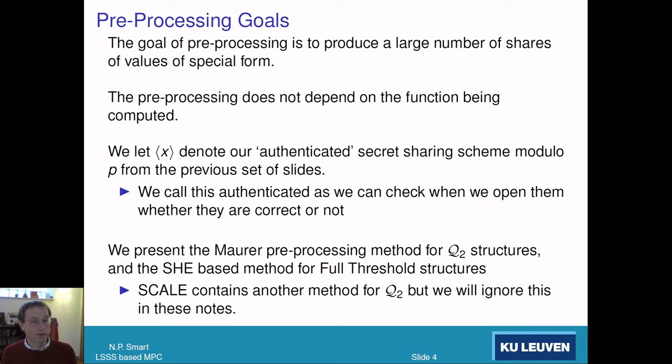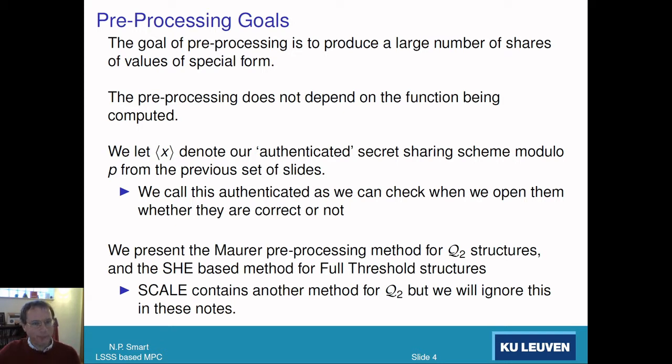So what is preprocessing? The goal of preprocessing is to produce a large number of shares of things of a special form. The preprocessing doesn't depend on what actual function we're going to compute. We're going to use this angle bracket notation to denote what we call authenticated shares, so shares where we can detect, when they're opened to us, whether they're valid or not.